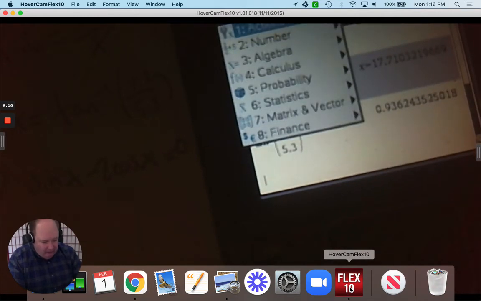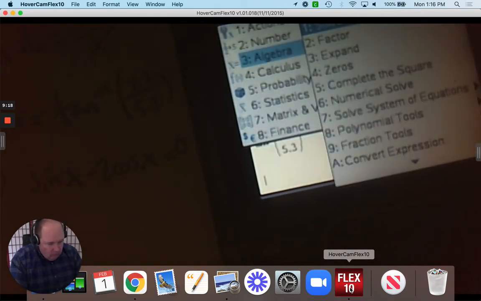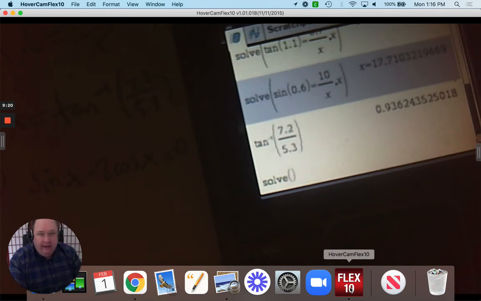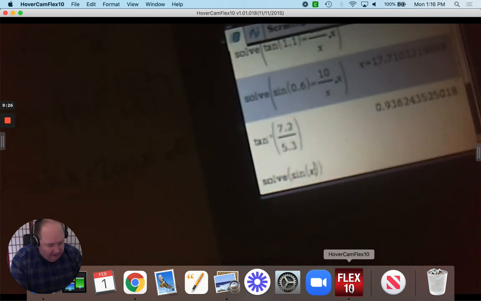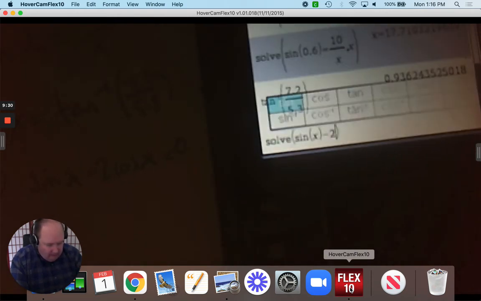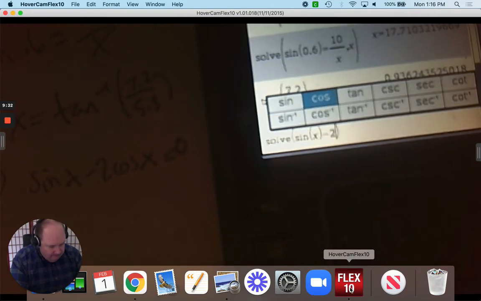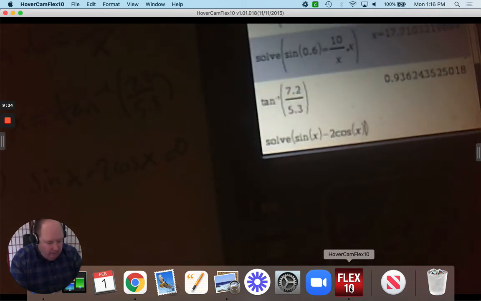So I want to solve it. So it's algebra. And I'm going to type that equation in. That's the easy part. It's creating the domain restriction. So sine x subtract 2 cosine x. Again, this part's the easy part. And then move the cursor, equal to 0.